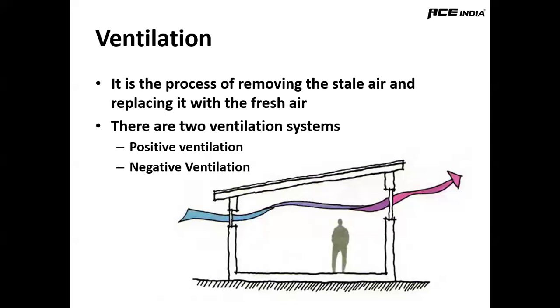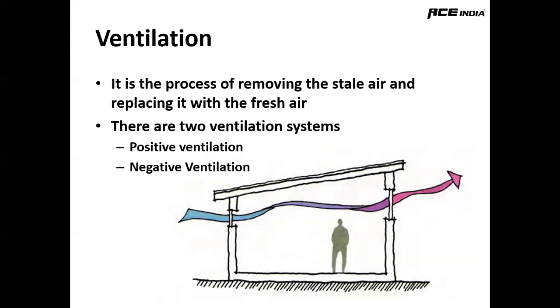In the case of negative ventilation, it is vice versa, which means with the help of the same fans or blowers, we will be removing the existing air or the exhaust air directly from the rooms. With the help of a fan, we will be fully removing the existing stale air from the area to the atmosphere. So now this area will become low pressure, isn't it?